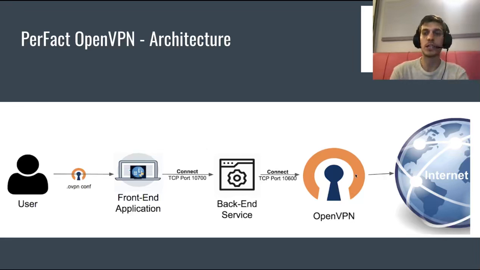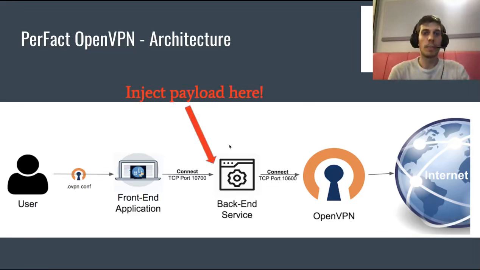This will then start the OpenVPN instance, which listens on TCP port 10600 and waits for commands from the backend service, which will tell it: take this configuration received from the user and execute it, or start the tunnel using this configuration. Our goal, obviously, was to inject the payload over here. So our goal was to force the user to open a web page under our control and inject an HTTP request to the backend service.